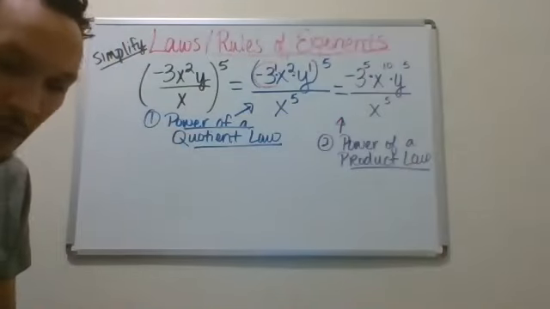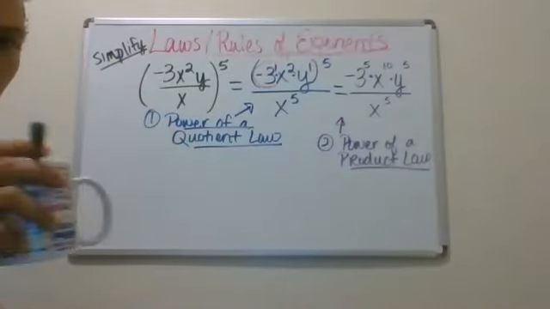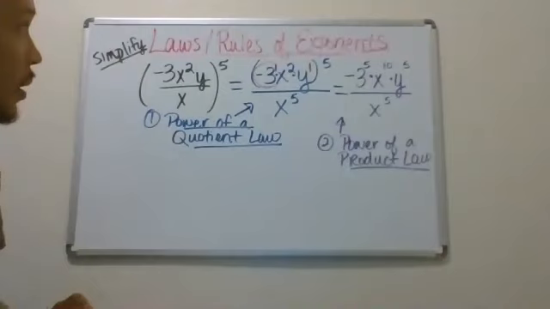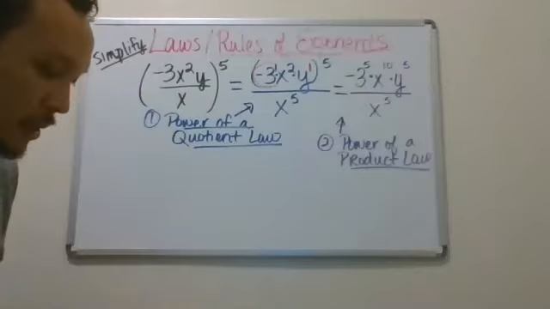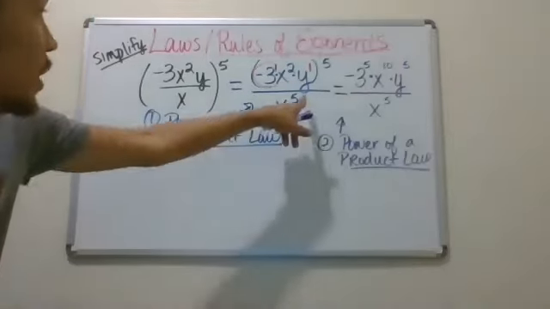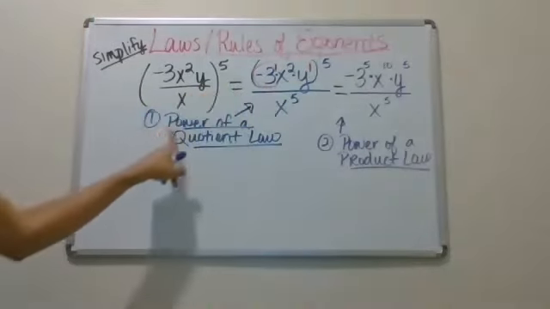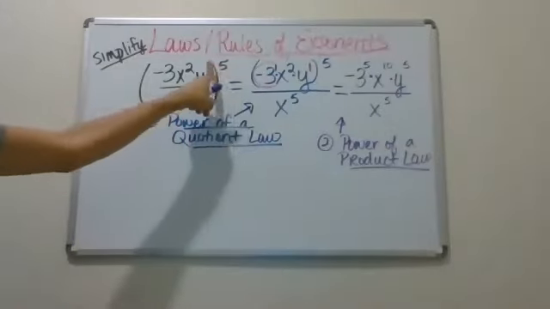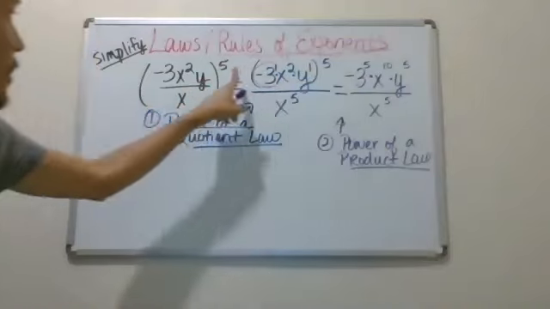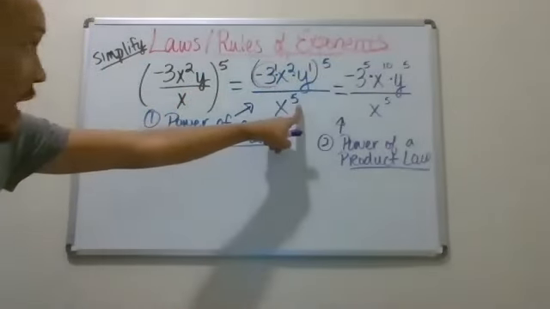Yes, sir, Sean. So are we not multiplying x to the 5? Oh no, never mind. It's separate. I was talking about the denominator. No, we utilize this when we utilize power of a quotient law. So my 5 went to my numerator. My 5 also went to my denominator.